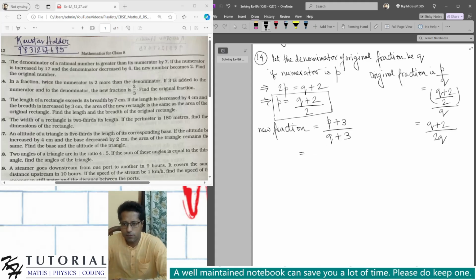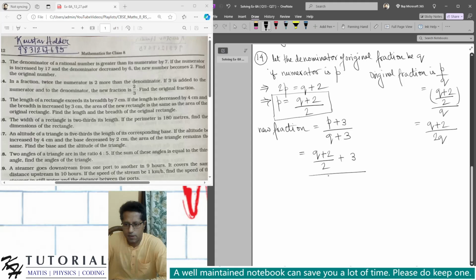So the new fraction will be p plus 3 divided by q plus 3, as 3 has been added to both the numerator and the denominator of the original fraction. Now p we know is q plus 2 by 2. We have plus 3 divided by q plus 3. This is the new fraction, and the new fraction is given to be 2 by 3.